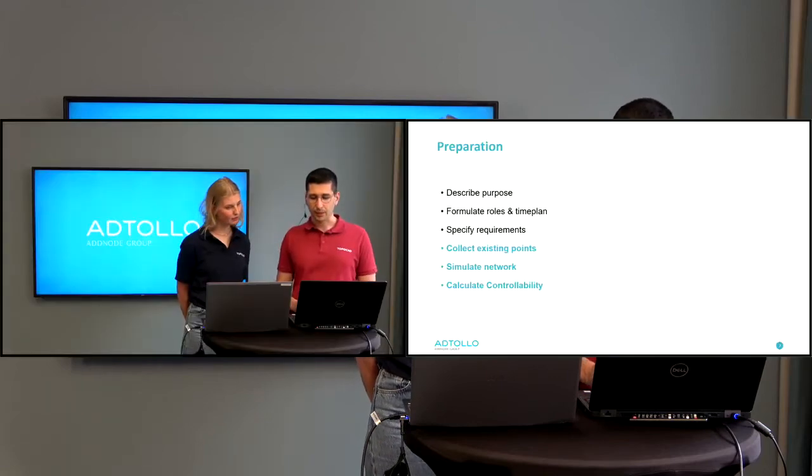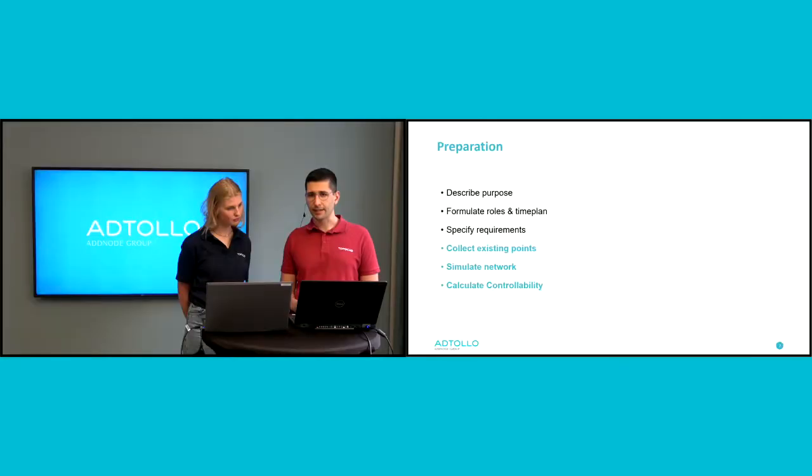First off, we describe the purpose of the network, and of course, different kinds of projects require different tolerances from the network. And then next, you formulate roles and time plan.